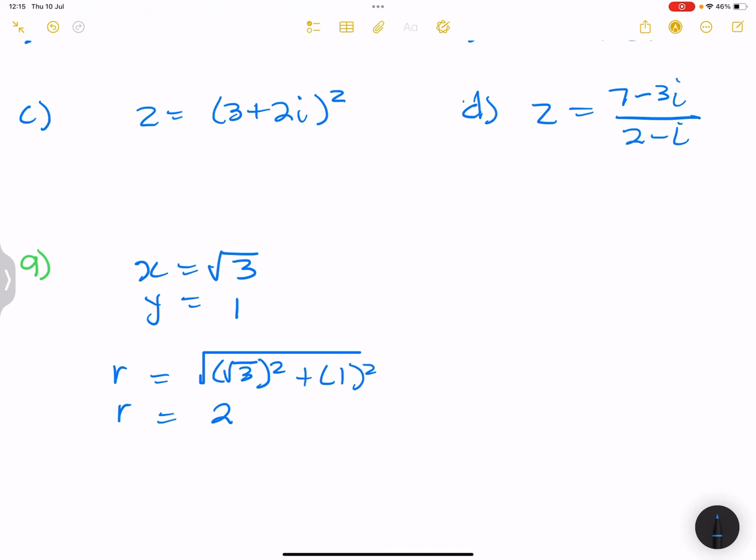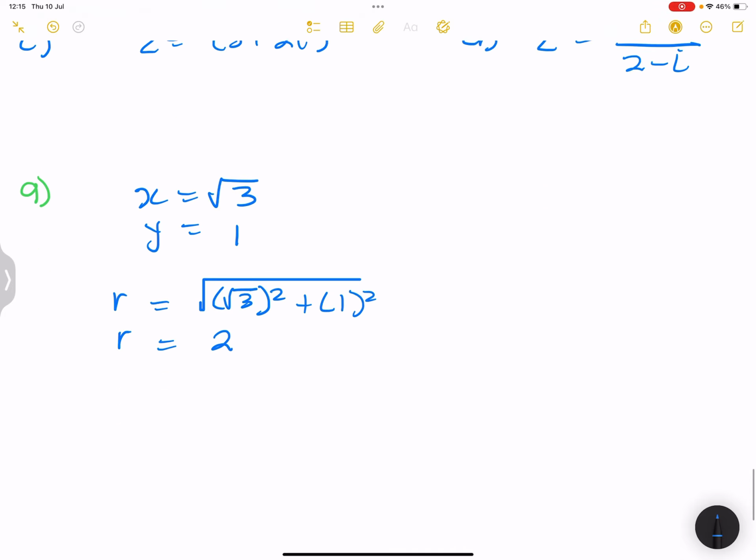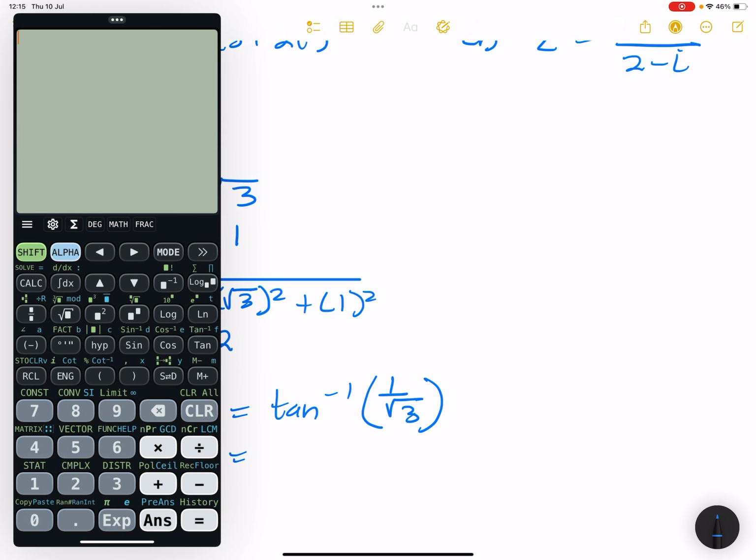And of course, we need to find out what the argument is. We found out in this case what the modulus is. So the argument of Z would be the arctan of Y over X. So that's 1 over root 3. I believe that should be 60 degrees if I'm not too wrong. Oh, it's 30 degrees actually.